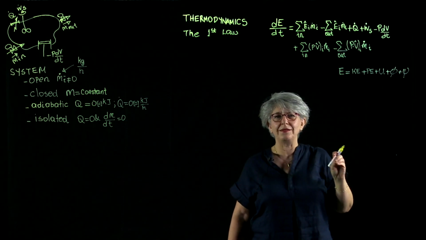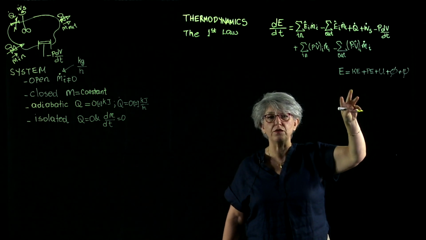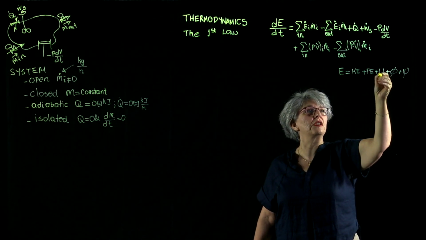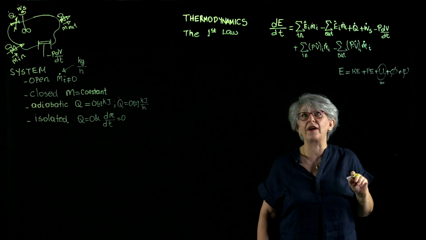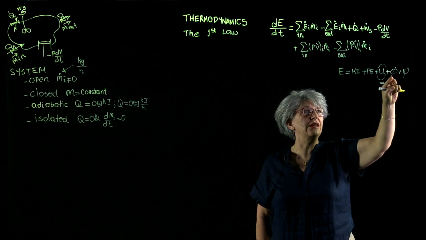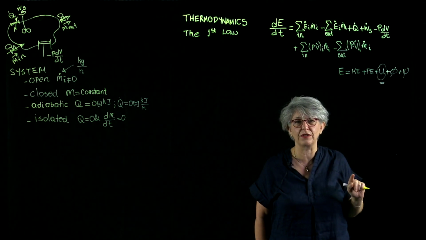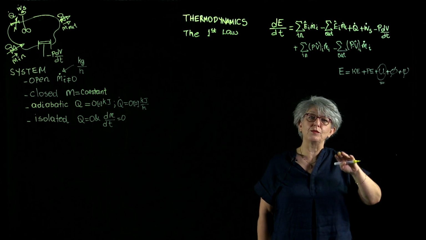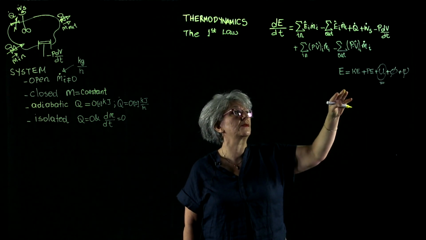Now, we will have situations where we have to worry about kinetic energy and potential energy, but most of the problems that we will be dealing with in this course will focus mostly on what we call the internal energy. So I'm going to simplify the equation, leaving out kinetic energy, potential energy, nuclear energy, and electromagnetic energy terms, and focusing only on the internal energy. Then I will define what I understand from the internal energy. Then we will move on to the concept of fundamental and characterizing dependent variables.